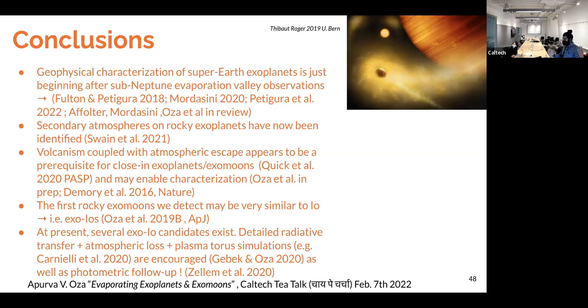And because of that erosion process, we can infer some geophysics because of transmission spectra that can reveal elements such as iron, nickel, titanium. We can also geophysically characterize. And I would say that volcanism coupled with atmospheric escape could be a prerequisite for close-in exoplanets.